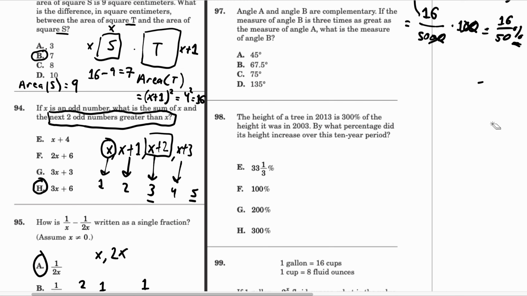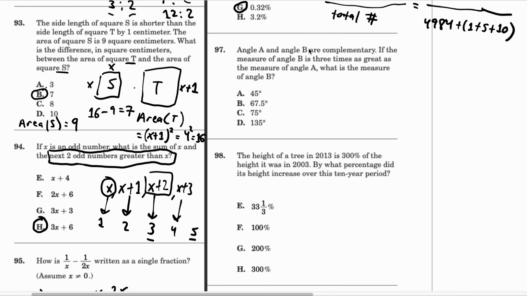Okay, so we're going to go on to 97. We have angle A and angle B, and they're complementary. If they're complementary, it means that A plus B is equal to 180.